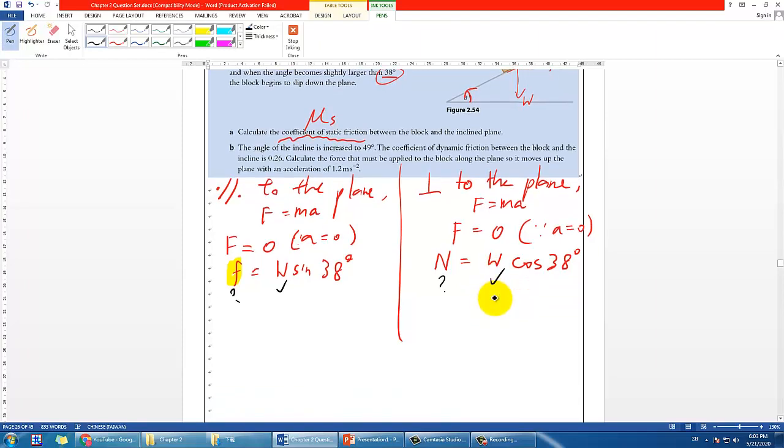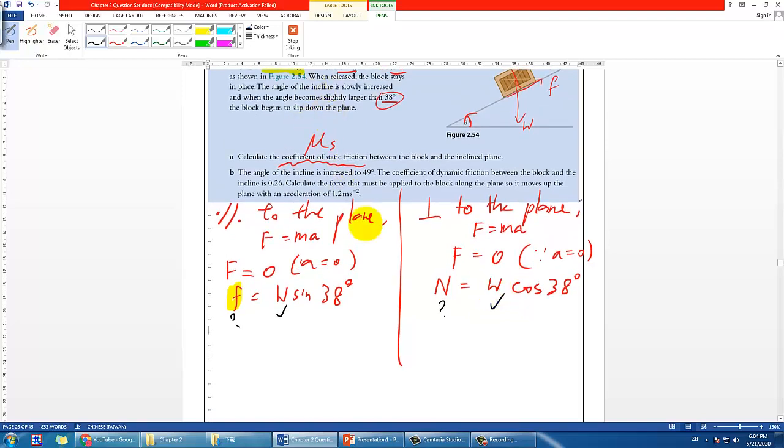But then ultimately you should recall that, hey, we are not trying to find out f and n, we are trying to find out mu s, right? So you have to find an equation that relates to mu s, and that is what you learned earlier about friction, that static friction will be smaller or equal to mu s times normal force.